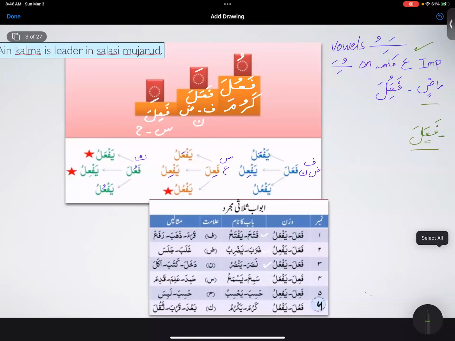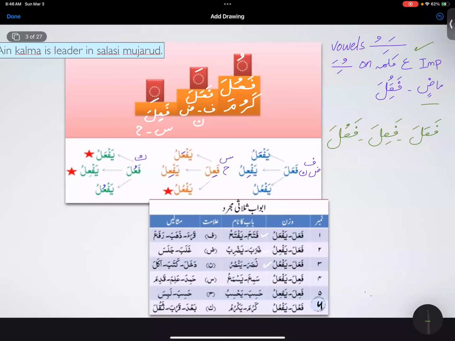We know that madi is going to start with fatha and madi is going to end on fatha. So we are not touching the fa and lam kalima. So we are just giving variation to our ain kalima. Fa'ila. Yes. So we can have fa'ala, fa'ila, and fa'ula.